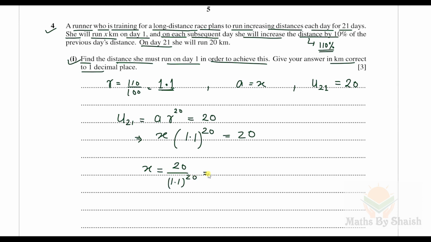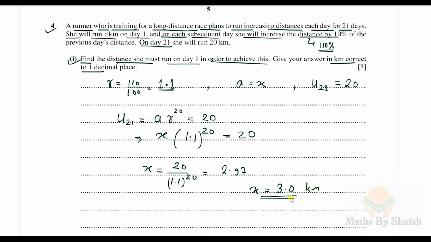From the calculator, it is going to be 2.97 and so on, so x correct to 1 decimal place is going to be 3.0 because it is 7, so this will increase, so it's like 3 kilometers, correct to 1 decimal place. So that's the answer for this.